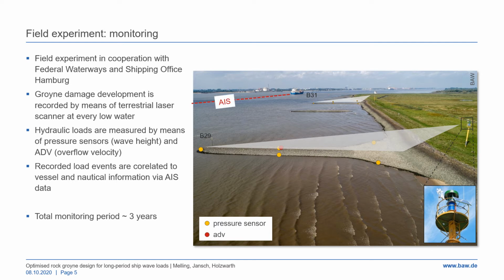At the recessed groyne, an ADV, indicated by the red dot, was placed on the crest to measure overflow velocities. Wave events were cross-referenced with AIS data, thus allowing loading events to be correlated to ship characteristics and nautical parameters. The net monitoring period was approximately 3 years.